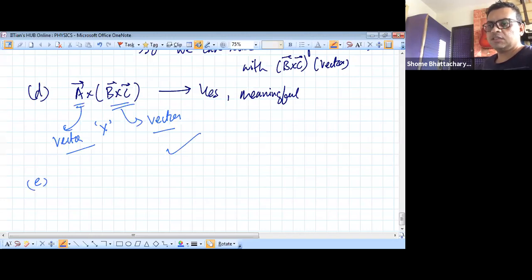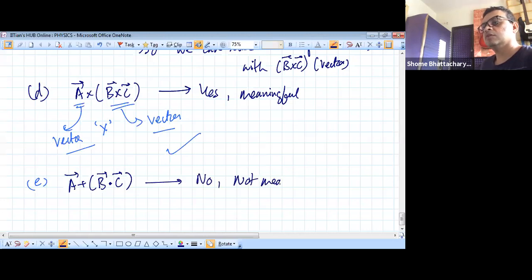Similarly, option E is e plus (b dot c). Now this is not meaningful. Why?